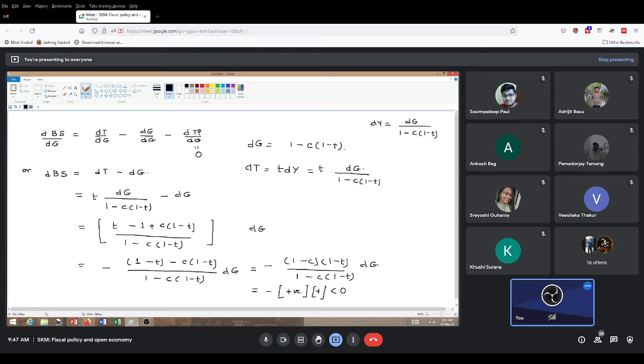So what happens is, if your government spending goes up, your taxes will also increase, right? So the budget surplus will not increase by 200. At the same time, the taxes will also not increase by exactly 200.